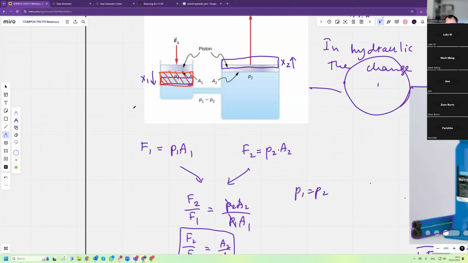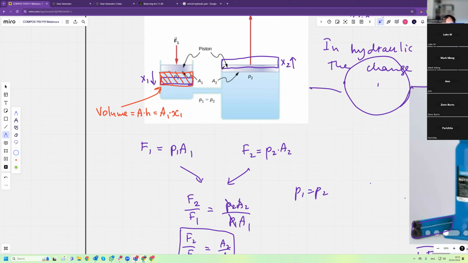The volume is equal to, well, it's a cylinder. That means it's the area times the height. So it's going to be A1 multiplied by X1. So the volume of the liquid that is pushed down through the pipe is A1 times X1.